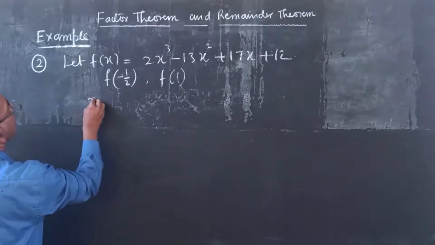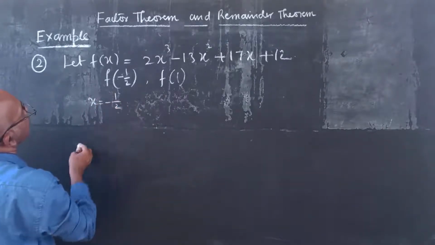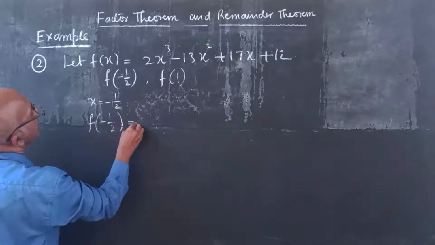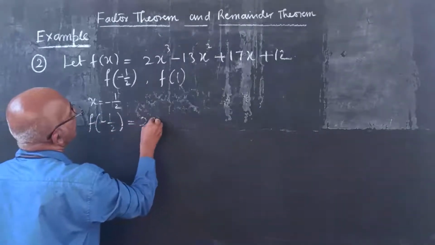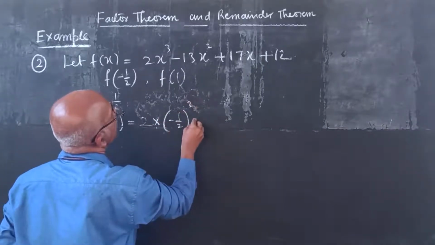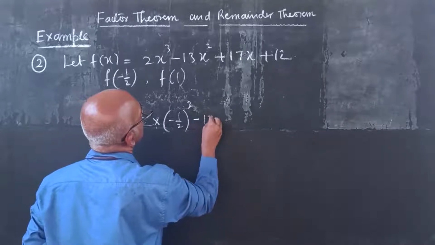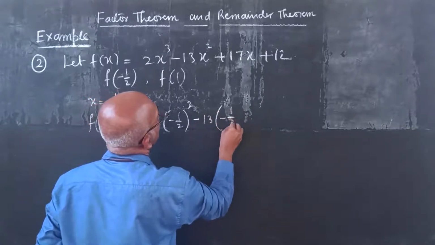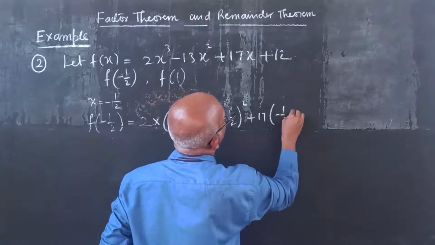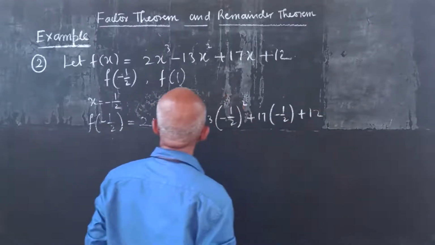Now we shall set x is equal to minus half. f of minus half is equal to 2 into minus half whole cube, minus 13 into minus half whole square, plus 17 into minus half, plus 12.